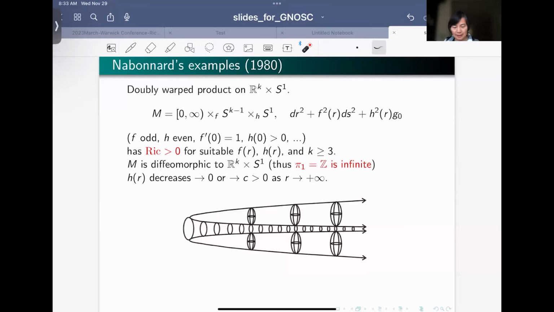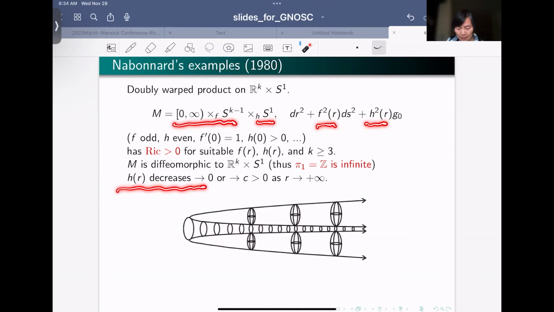Right. Okay, so the example is R^k, Euclidean, and then you warp with S1. So you have double warping functions, F and H in this case. We're going to specify these functions later, but intuitively the picture is that H is decreasing and F is increasing in this way.